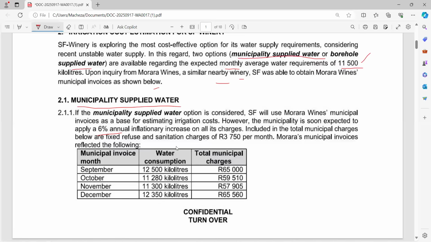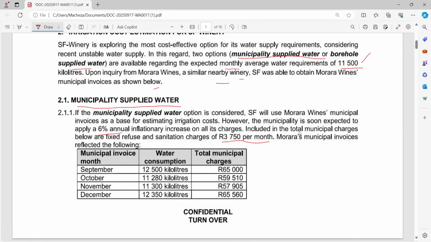So they are expecting to apply a 6% annual inflationary increase on its charges. Included in the total municipality charges below are fixed refuse and sanitation charges of 3,750.